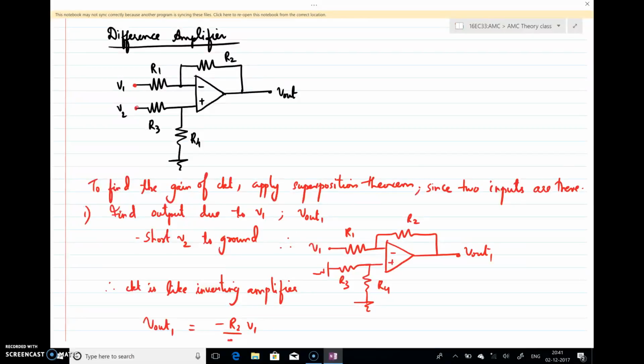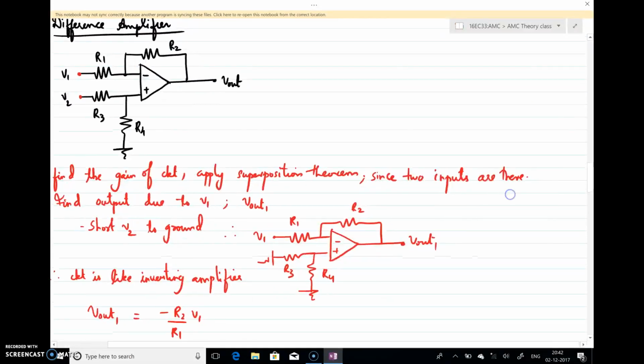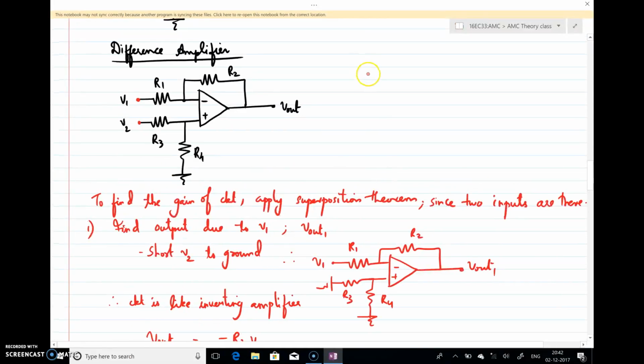So Vout will be V2 minus V1 multiplied by the gain of the circuit. Here in this circuit we'll try to find the differential gain of the circuit, the common mode gain of the circuit, and the differential input resistance. These three parameters, we'll see how we can obtain for a difference amplifier.